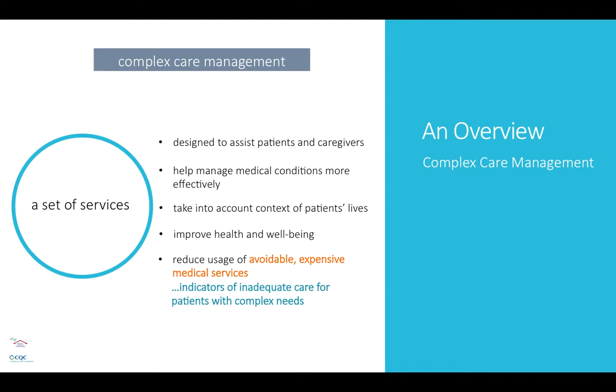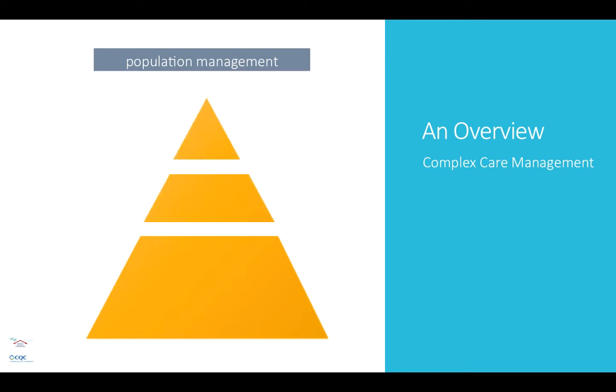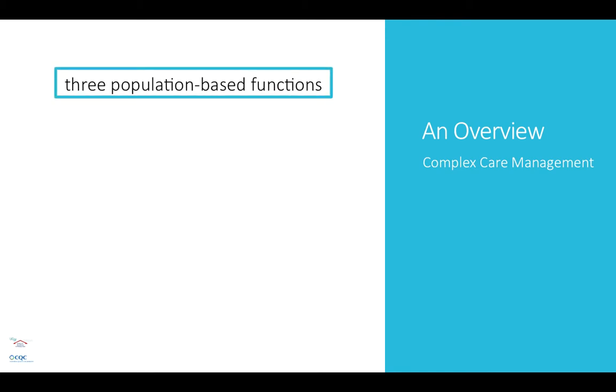We can think of overall population management as stratifying a population of patients based on their care needs and designing care that is tailored to those needs. Every person across a population needs basic preventive care, such as blood work or cancer screenings. Providing this care systematically and proactively using the team is called panel management.